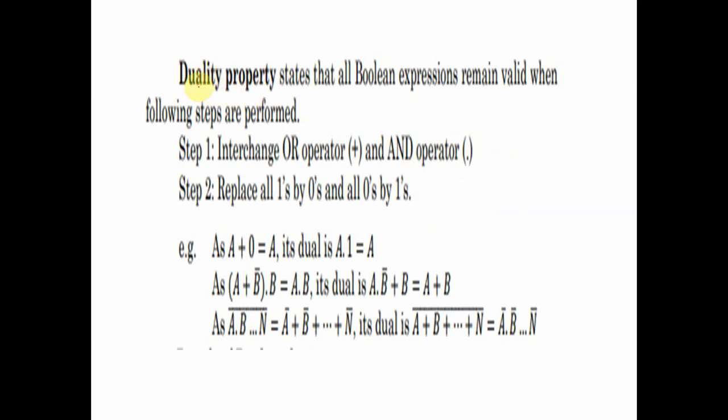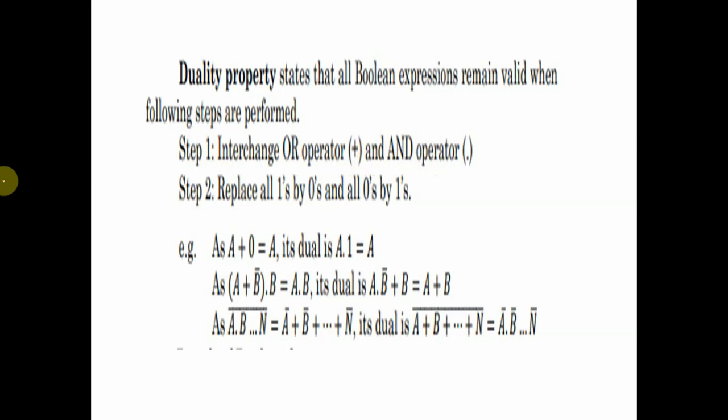Now the second theorem is the duality theorem. What is the meaning of the duality theorem? The duality property states that all Boolean expressions remain valid when the following steps are performed. In the first step, interchange the OR operator plus and the AND operator, and replace all ones by zeros and all zeros by ones. In the duality theorem there are two steps.